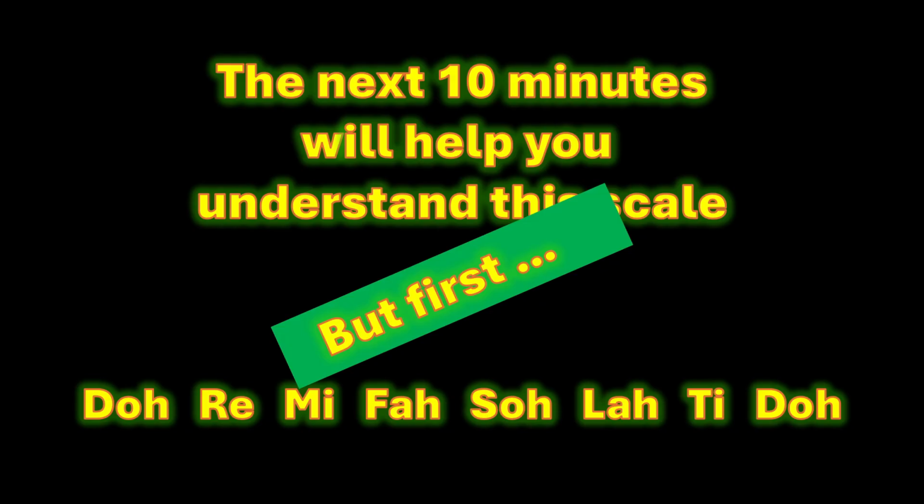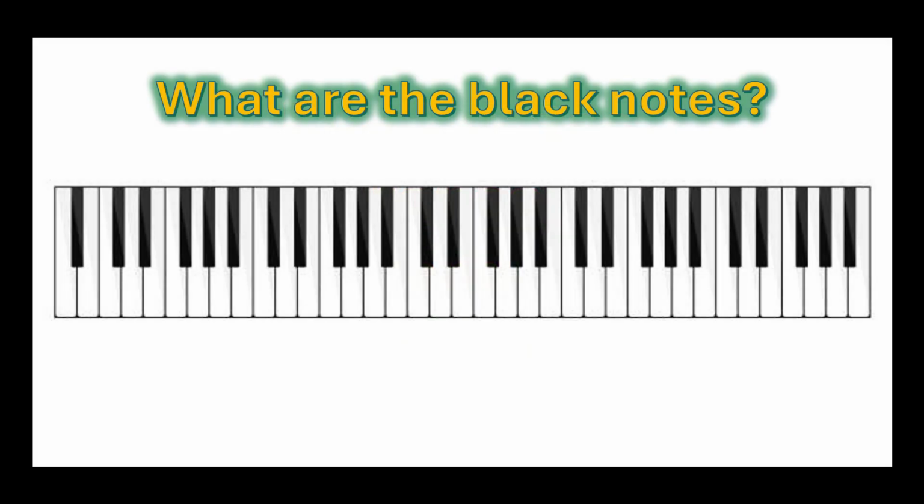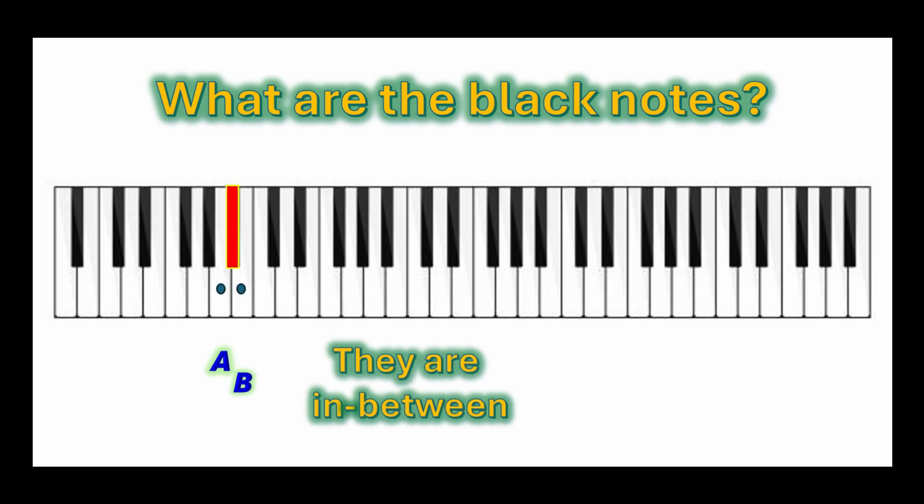Let's start off by talking about the names of the black notes. We've already seen that the names of the white notes are A, B, C, D, E, F, G, and then A, B, C, D, E, F, G again, and so on. But what about the black notes? Black notes are the in-between notes. What are their names?